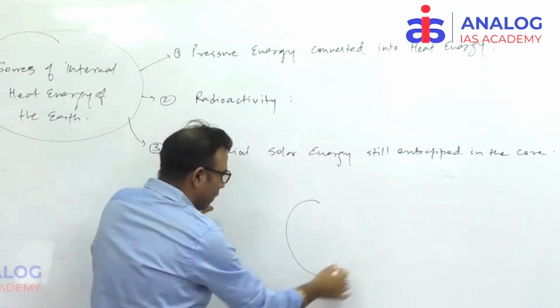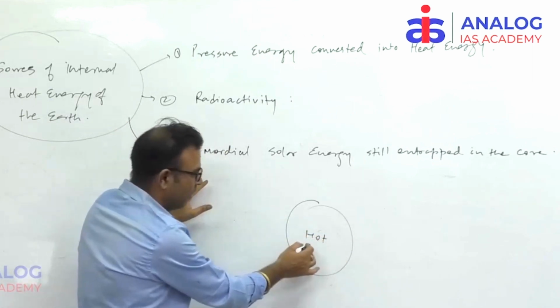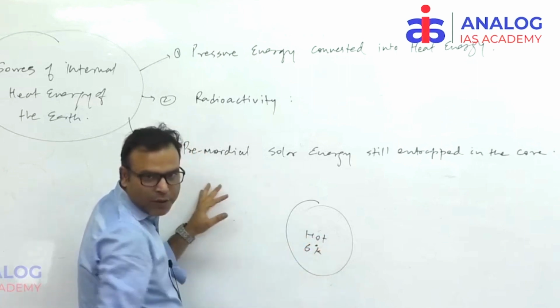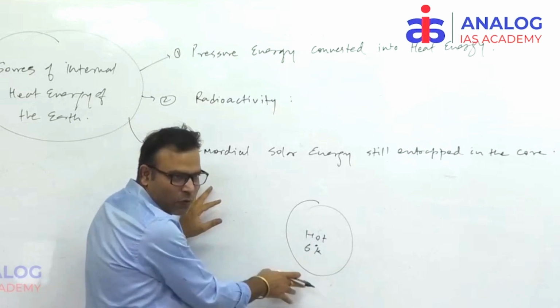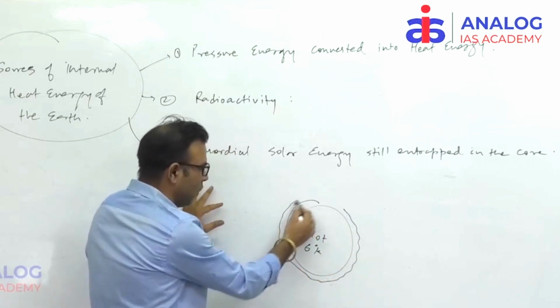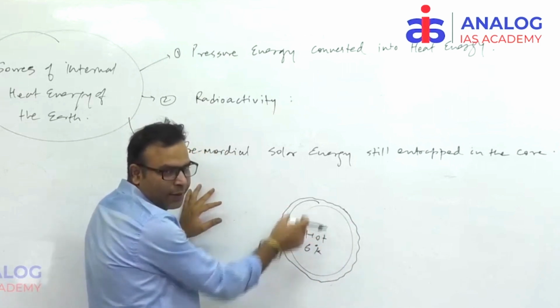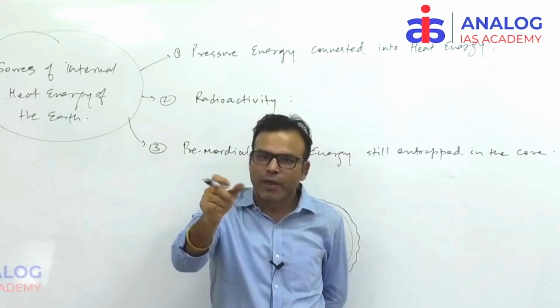So see, the initial earth was hot from inside, at the same temperature, around 6000 degrees Celsius on average. Later on cooling happens.